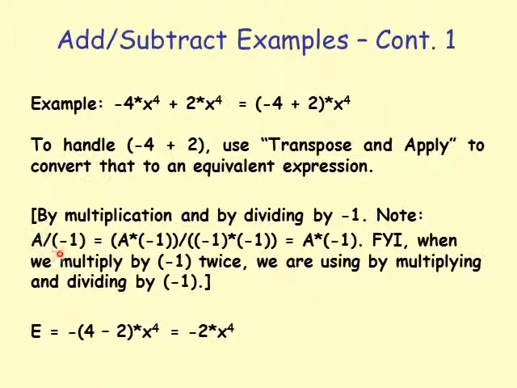And look at that. If we divide by minus 1 and multiply and divide again by minus 1, you see that in the denominator we get plus 1 here, so a divided by minus 1 is equal to a times minus 1. For your information, when we multiply by minus 1 twice, we are using the sutra by multiplying and dividing by minus 1.